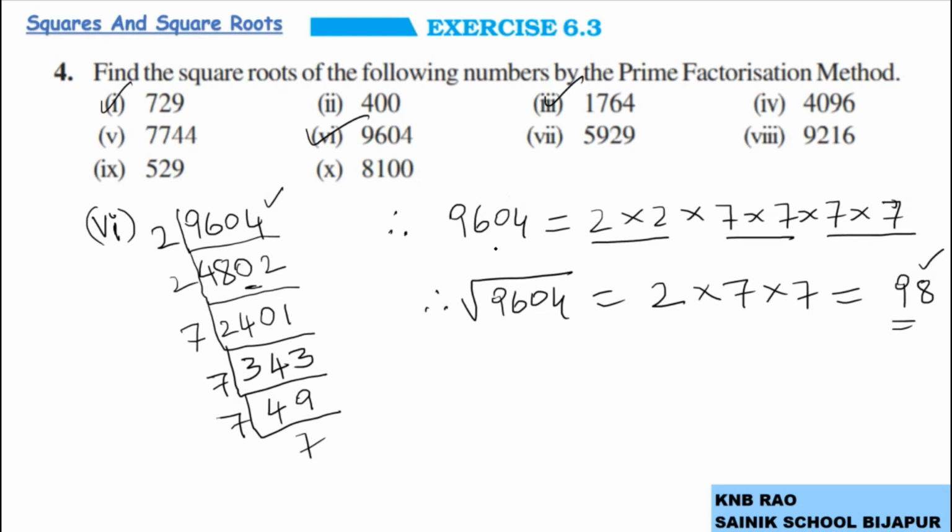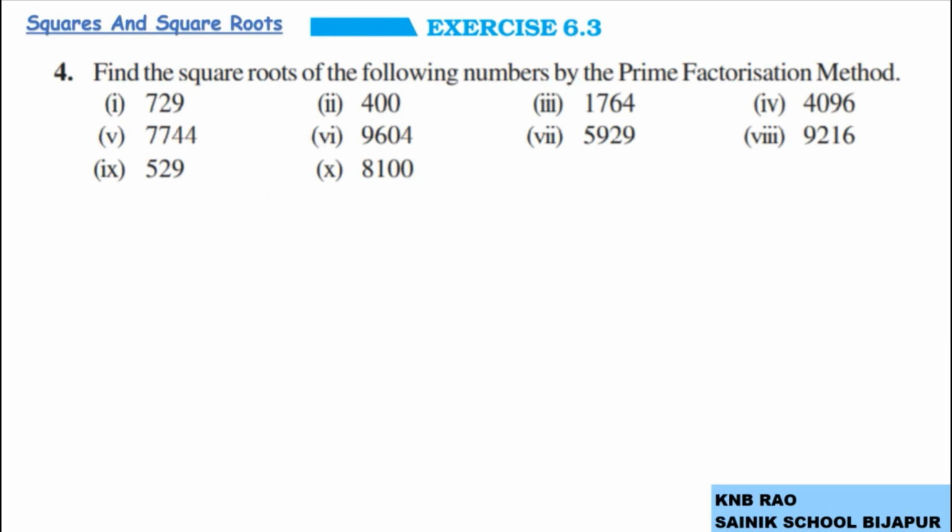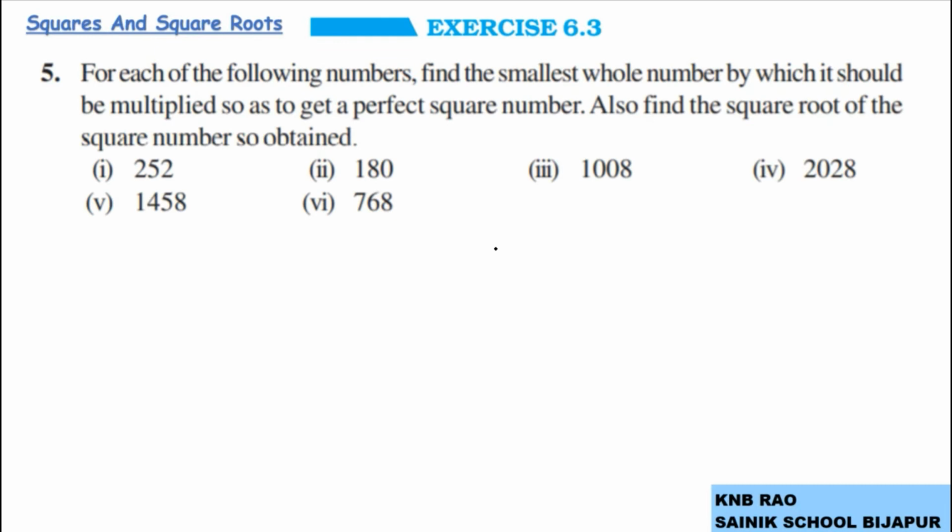Now we'll go for the other question, question number 5. In question number 5, for each of the following numbers, find the smallest whole number by which it should be multiplied so as to get a perfect square. Also find the square root of that new number. Okay.